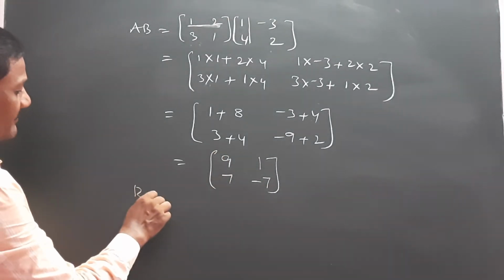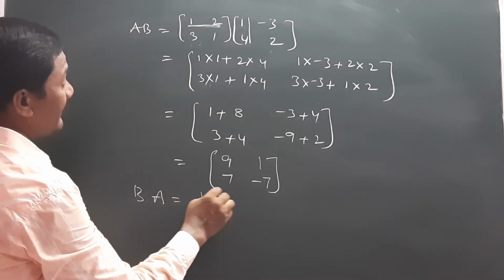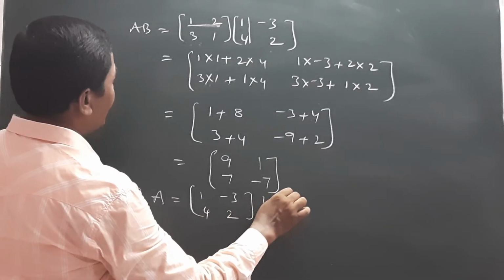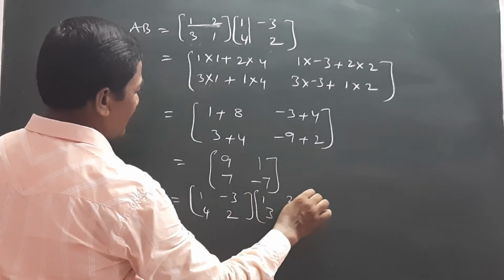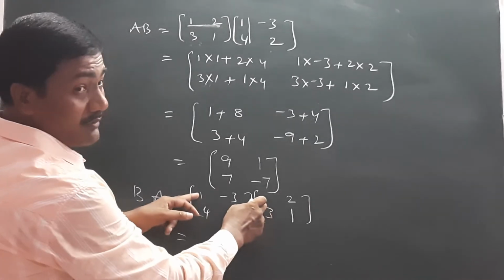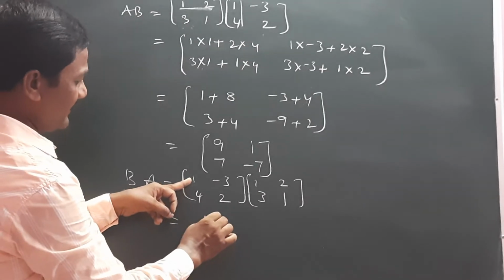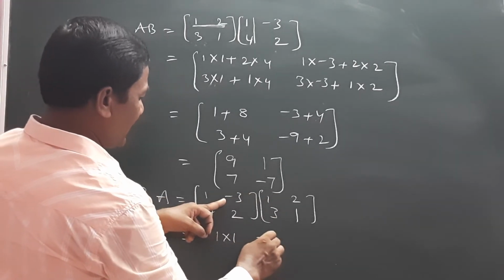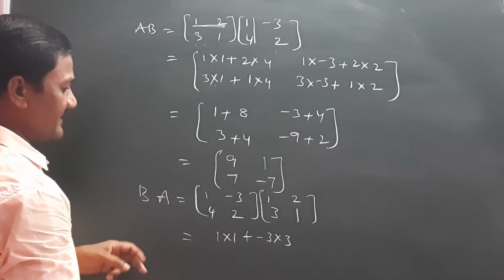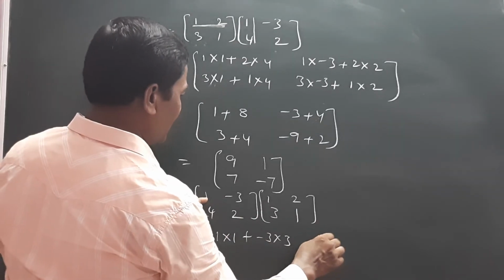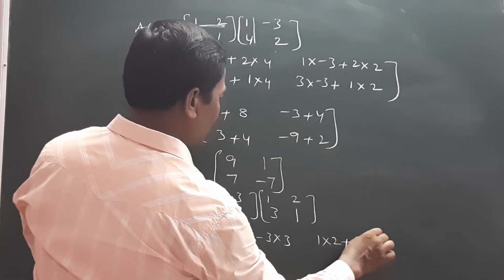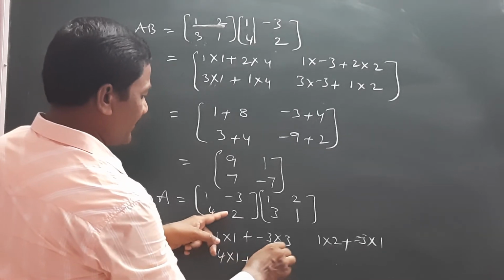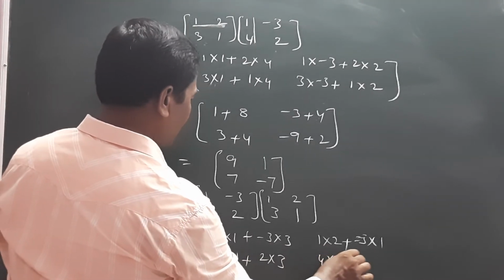And BA is equal to 1 -3 4 2 into 1 2 3 1. Similar multiplication: 1 into 1 plus -3 into 3, 1 into 2 plus -3 into 1, then 4 into 1 plus 2 into 3, and 4 into 2 plus 2 into 1.